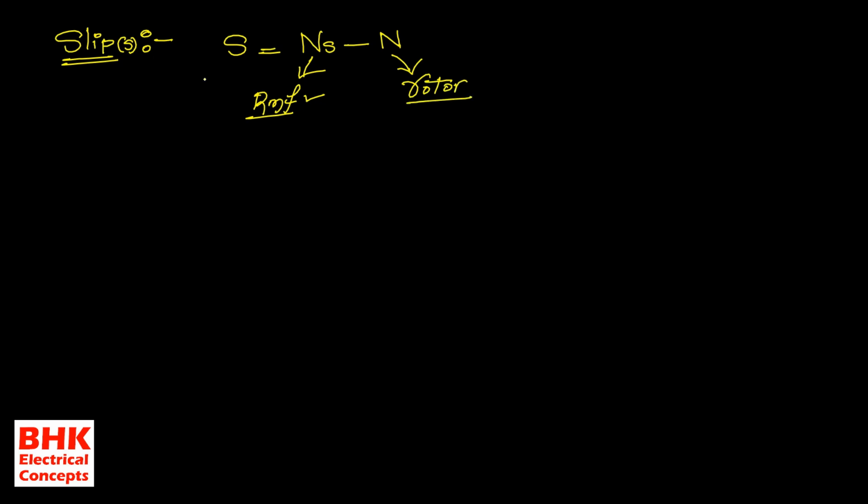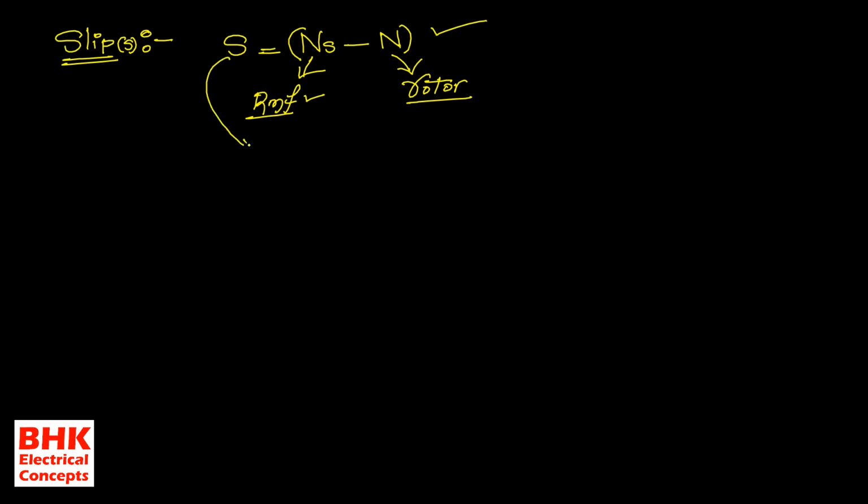The difference between them is called slip. So S is equal to ns minus n, the difference between the rotating magnetic field speed and the rotor speed.